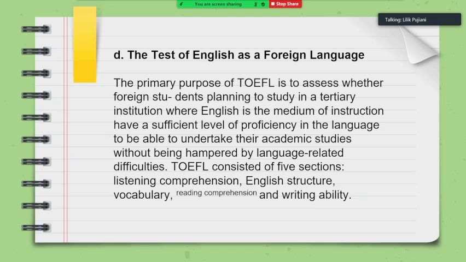TOEFL consisted of five sections. The first is listening comprehension, English structure, vocabulary, reading comprehension, and the last is writing ability.